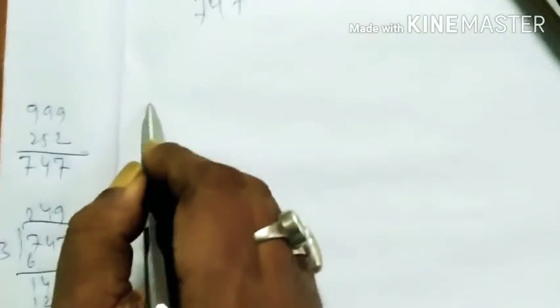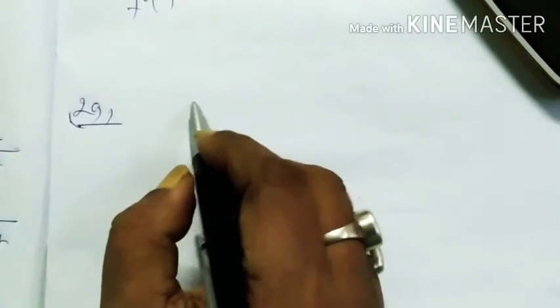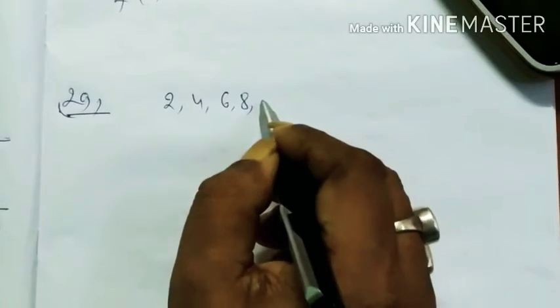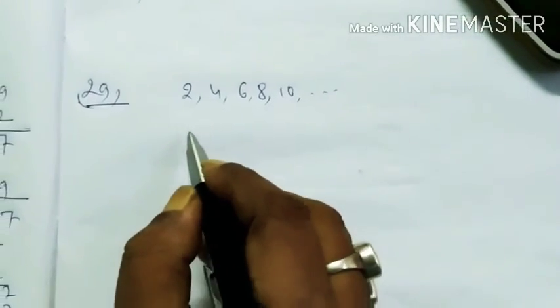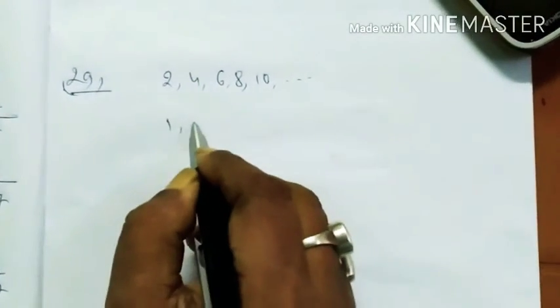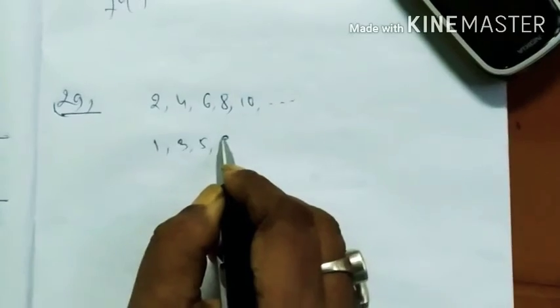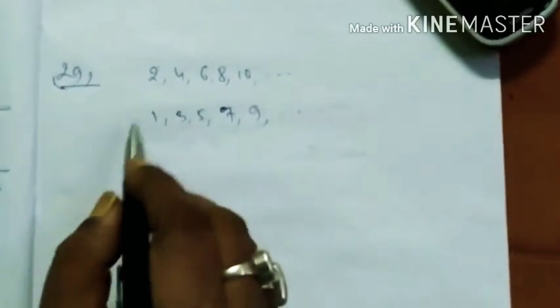Even natural numbers are 2, 4, 6, 8, 10, and so on. And odd natural numbers are 1, 3, 5, 7, 9, and so on.